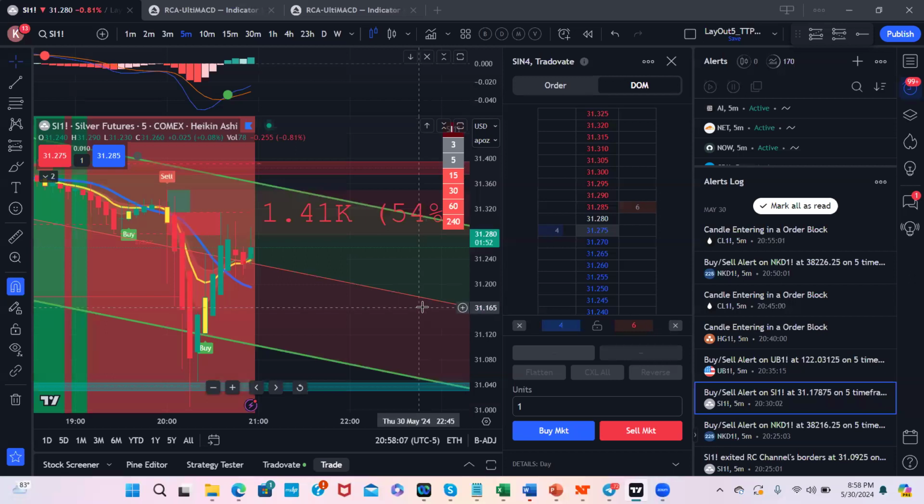Until we get a sell or buy, we don't take anything. Only when you get a sell, then you will wait and watch whether you have confluence from other indicators, then you will enter the signal.